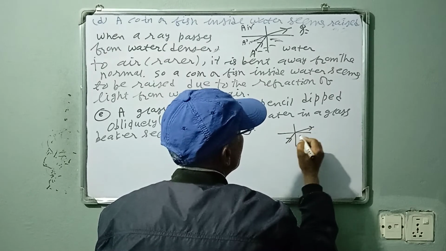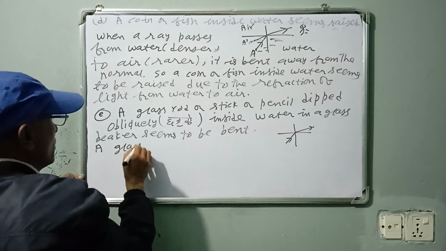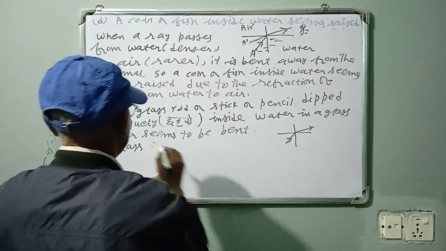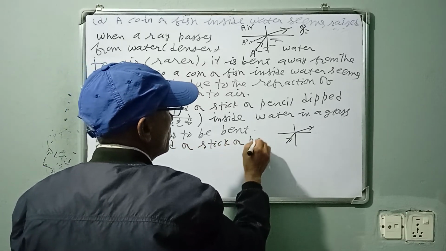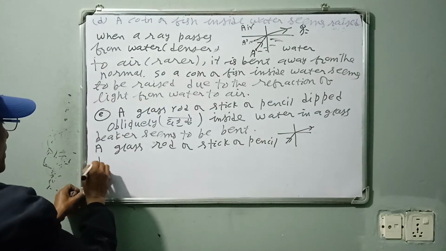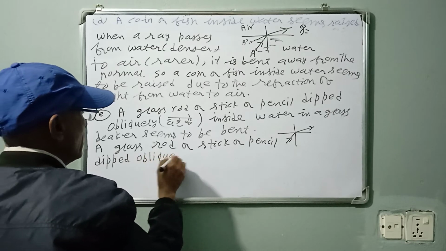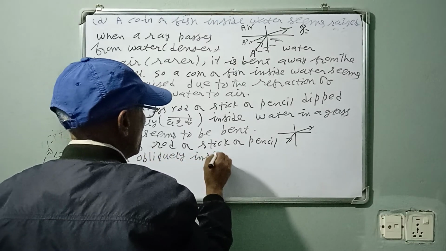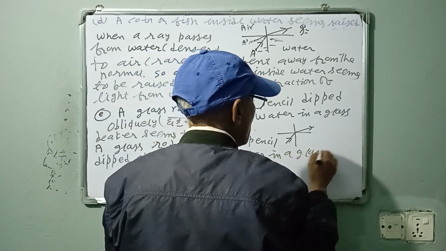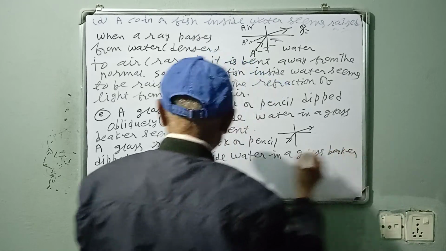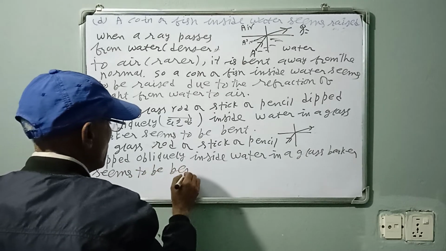What is the reason behind it? A glass rod or stick or pencil dipped obliquely inside water in a glass beaker seems to be bent.